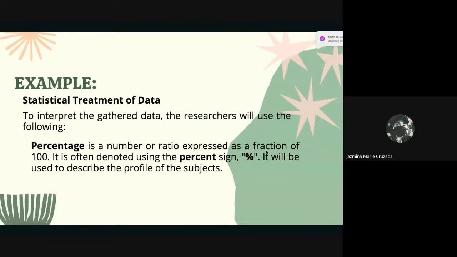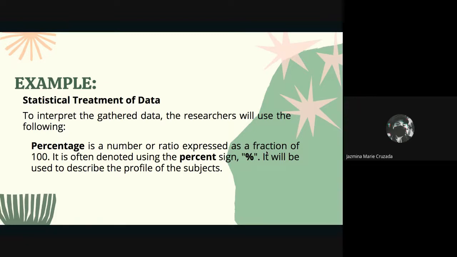Here is an example of how the statistical treatment of data should be written. First, state what the statistical treatment is, and provide a brief description of it. Second, state why it is necessary to be used. So, statistical treatment of data: to interpret the gathered data, the researchers will use the following.